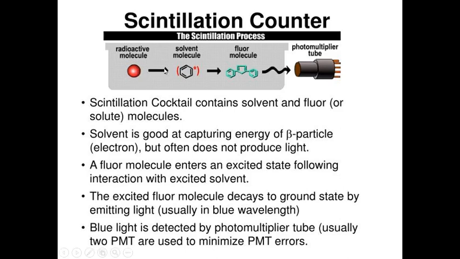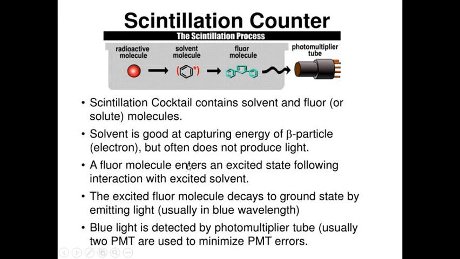These ionizing radiations fall on the solvent molecule as well as the fluor molecule, but the solvent molecule does not get excited. The scintillation cocktail contains the solvent and the fluor molecules. The solvent is good at capturing the energy of beta particles, means the electron can be captured by the solvent molecule, but it often does not produce any light.